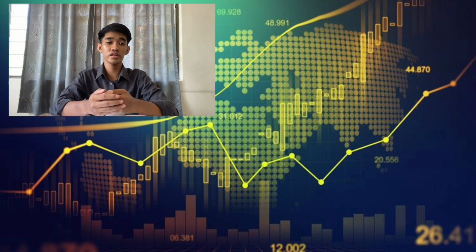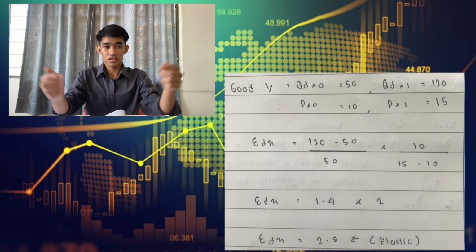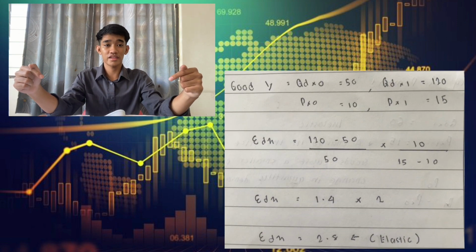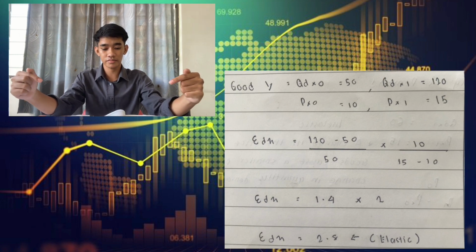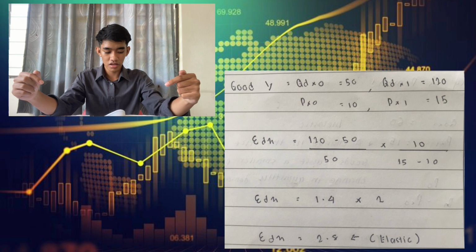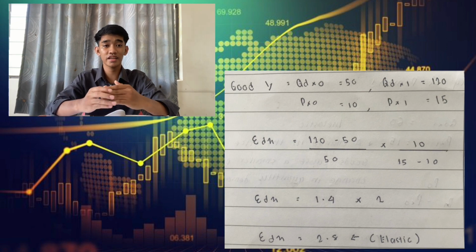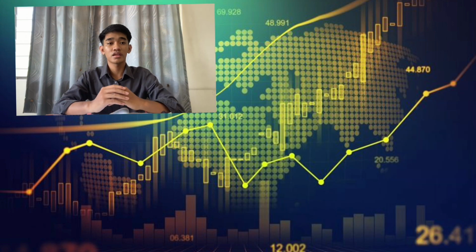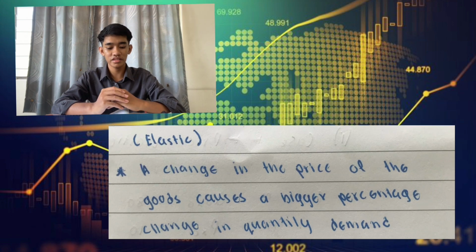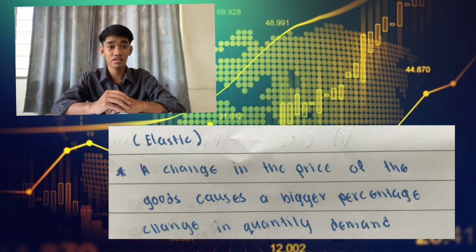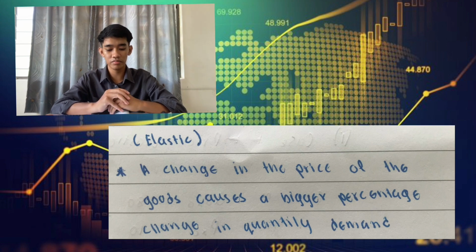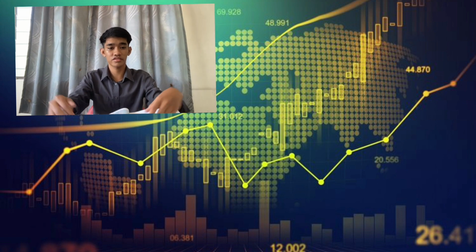Next, I will explain goods Y. As we can see below, the answer for goods Y is 2.8. The price elasticity of demand is elastic. It means a change in the price of the good causes a bigger percentage change in quantity demanded.